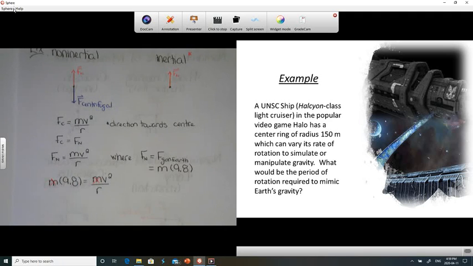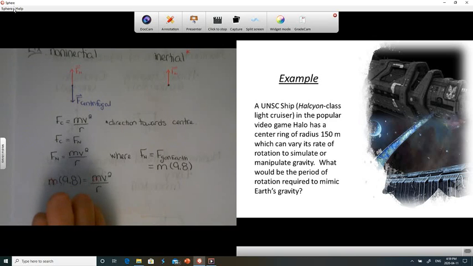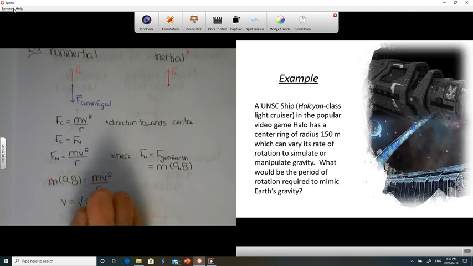And what's good about that is it means regardless of the mass of the astronaut or the occupant of this spaceship, they're all going to experience that same force of gravity that they would here on Earth. Now, we're going to figure out the speed first and then take that next step towards the period. So the speed, if we rearrange this equation, is going to be the square root of 9.8 multiplied by the radius, where the radius was 150 meters.